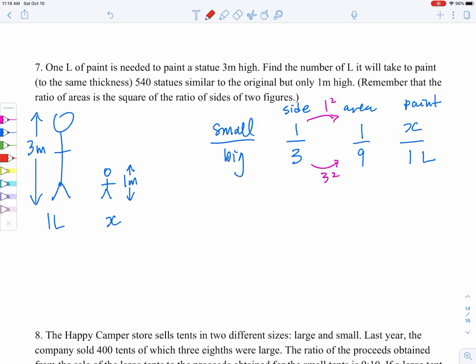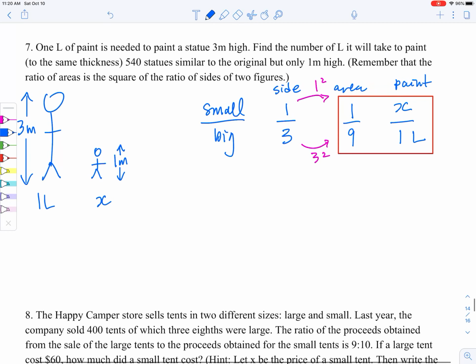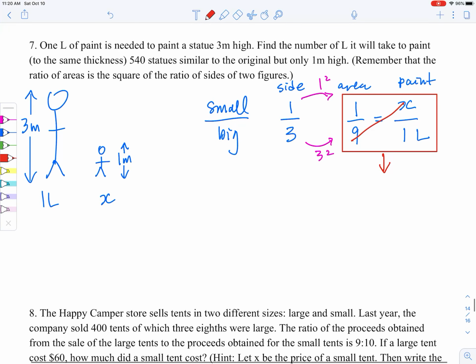So we're going to build our equation from this. It's not going to quite be equals because we have 540 small statues, but we can figure out how much paint it would take for one small statue and just multiply it by 540. So from my proportion that I've created, I will cross multiply.